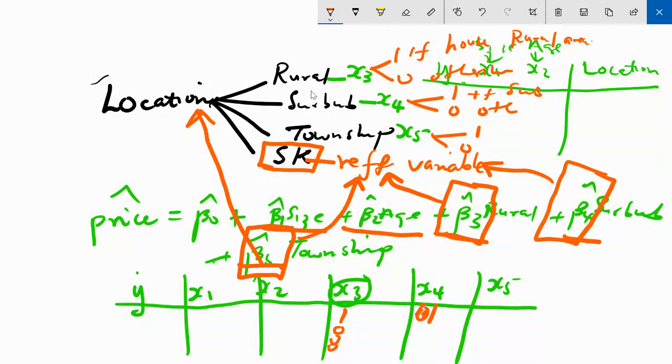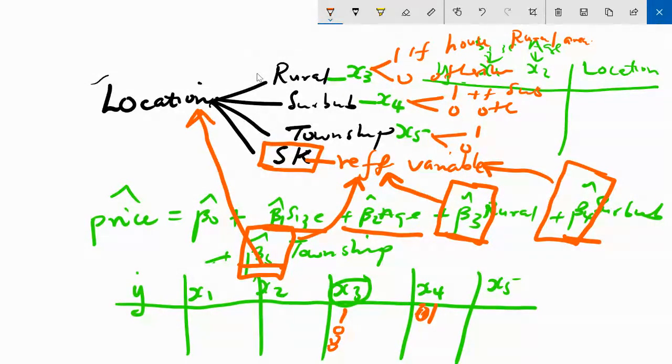When the house is from a rural area, it will sell more than, let's take the value, maybe it was 1.2. The beta 3, maybe it was 1.2. You will say that holding constant the effect of the other independent variables, you are referring to size, age, suburb, and township, when the house is from a rural area, it is expected to cost so much compared to a house which is from a squatter camp.